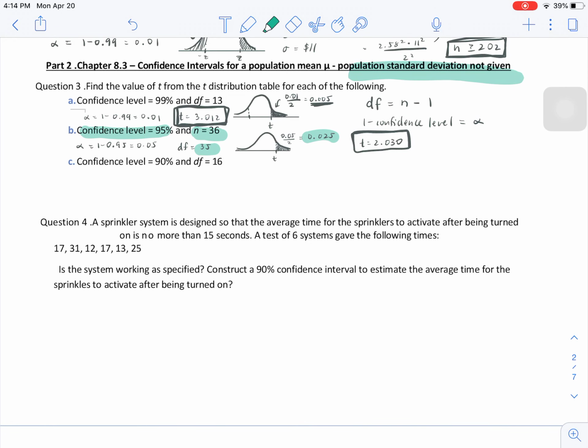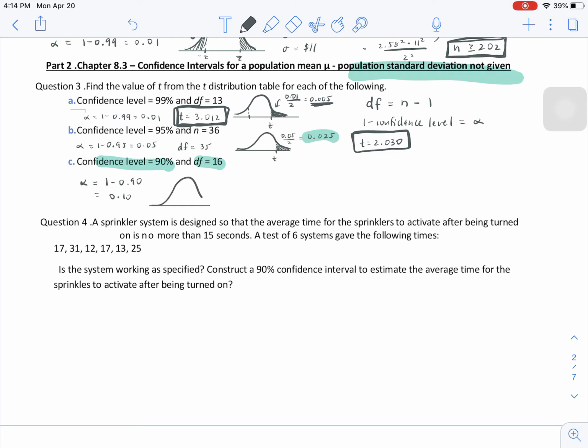Alright, last one, part C. Now our confidence level is 90% and our degrees of freedom are 16. So my area in both the tails together is 1 minus 90%, which is 10%.